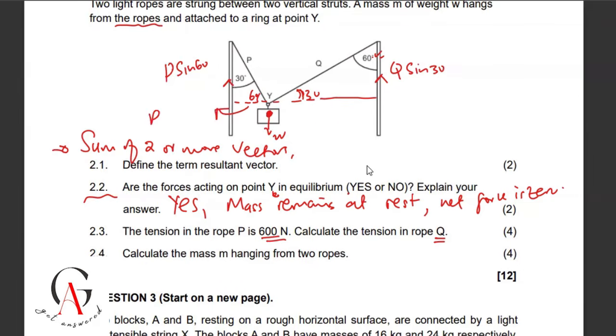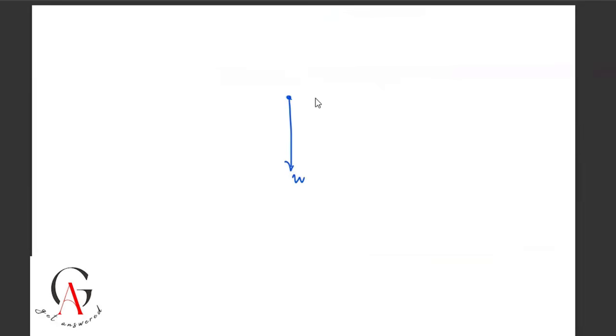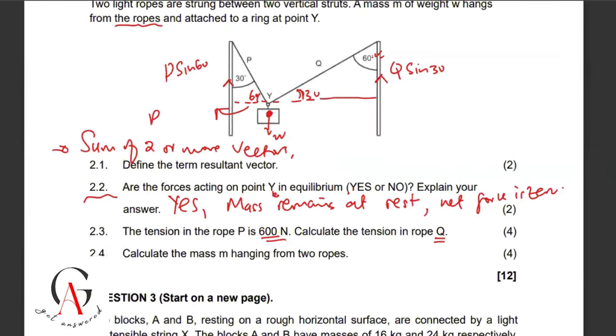It's going to be P. Why don't I just resolve this thing that side and say that one, I have my weight, and then this is our Q. This is the horizontal, and I'm going to have this as our P. So resolving this, this angle is going to be a 30 because that was a 60.